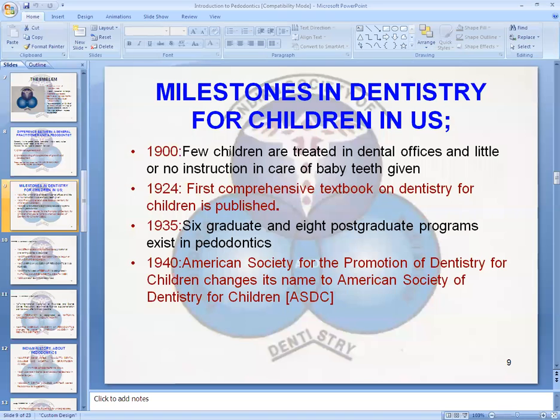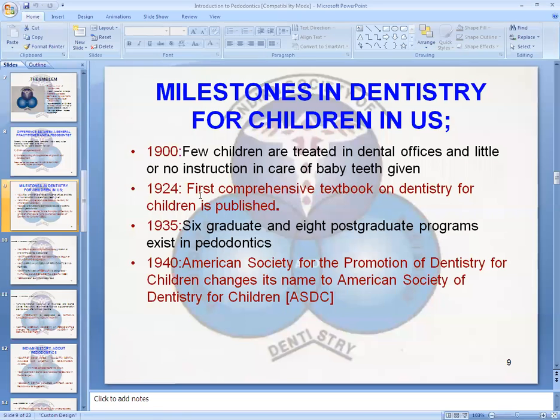In 1900, few children were treated in dental offices and little or no instruction in care of baby teeth was given. In 1924, the first comprehensive textbook on dentistry for children was published.